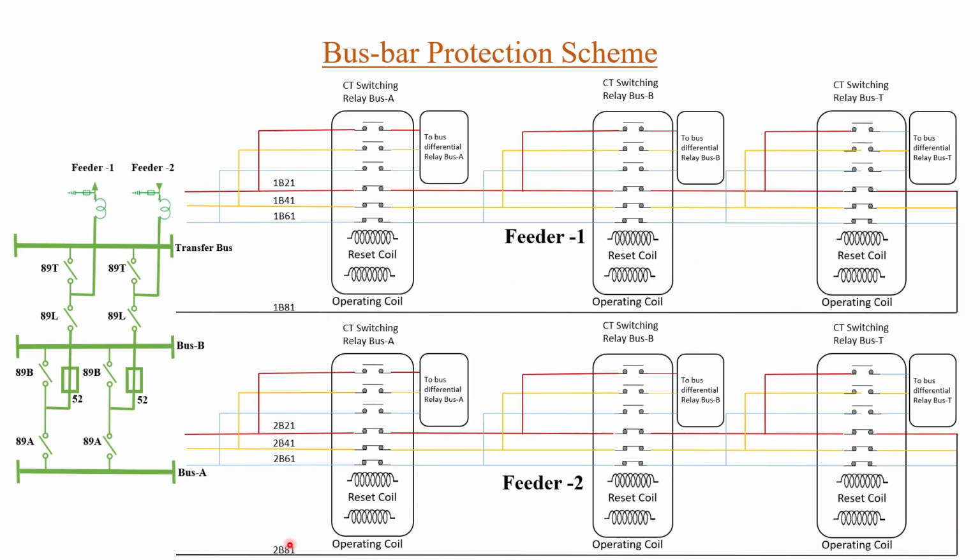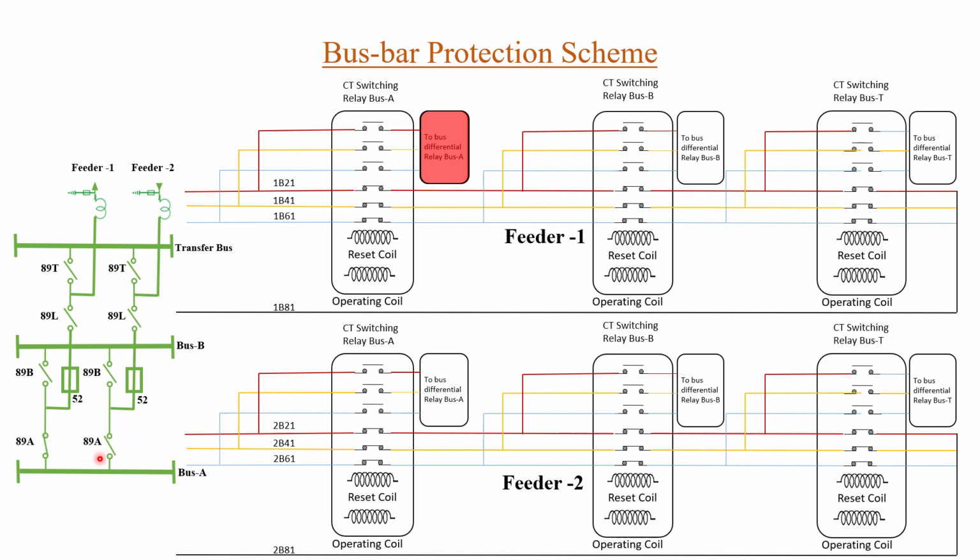Now let us understand the similar scenario for a substation which is having two feeders connected over here, and you can see each feeder is having its CT switching relay like this. So if feeder 1 is connected on bus 1, that is the 89A isolator is closed, then the CT secondary current will be flowing through the CT switching relay for differential relay bus A protection.